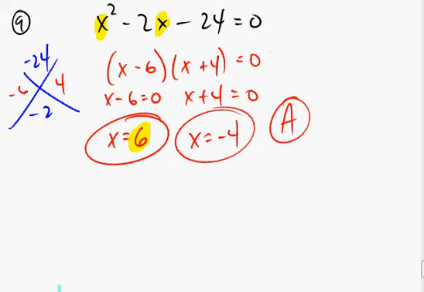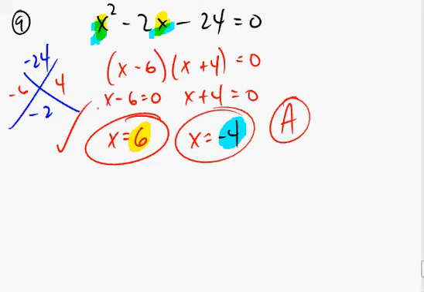And then try it again with the negative 4. Put that in there. And that has to work. And if they both make the equation true, then that's the right answer. So if it's a multiple choice test, you can just do that with all the answers until you find the right one. Or if you actually know how to do it by factoring, then you do that to check.